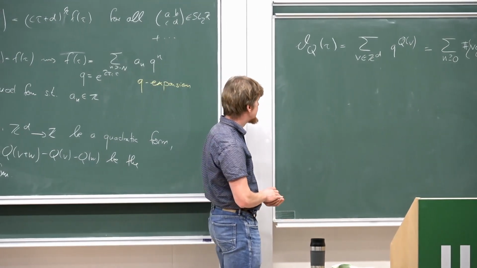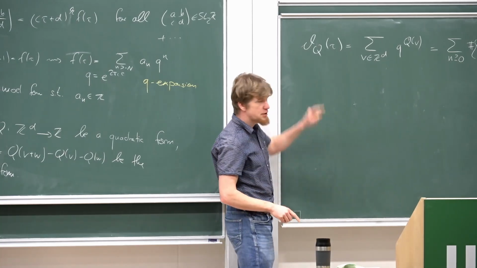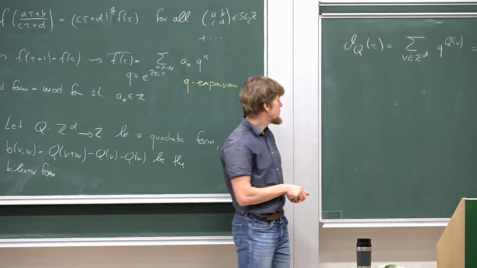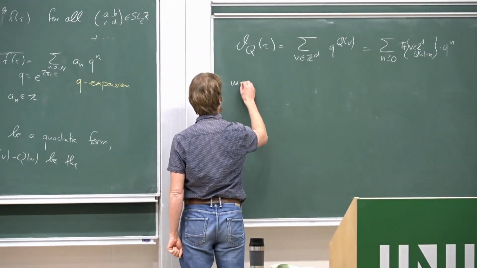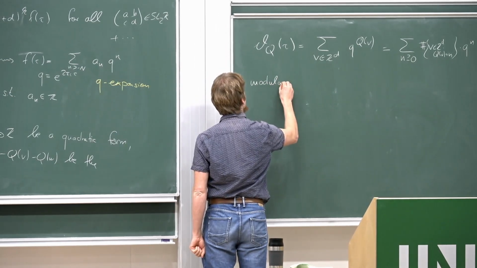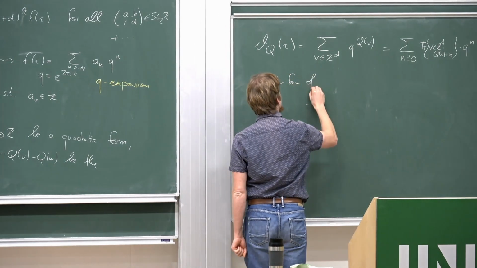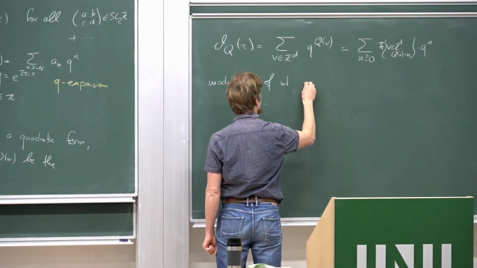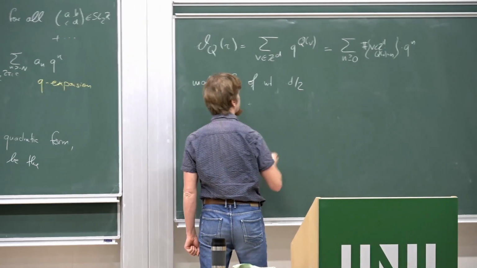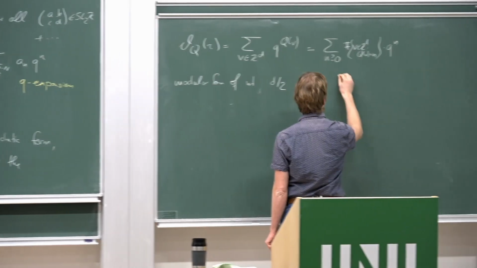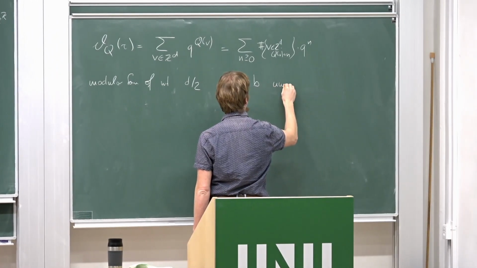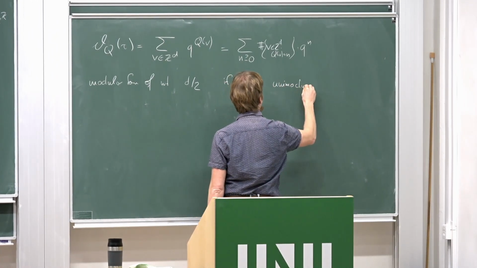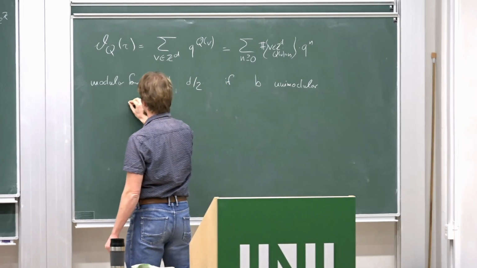And I must say there's one condition, so that they actually are modular forms. We want that it's a modular form of weight d/2 if B is unimodular and positive definite.